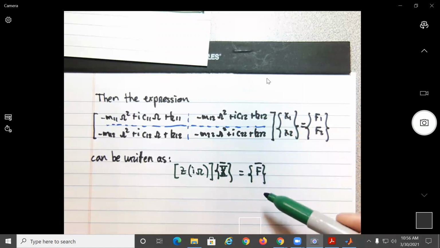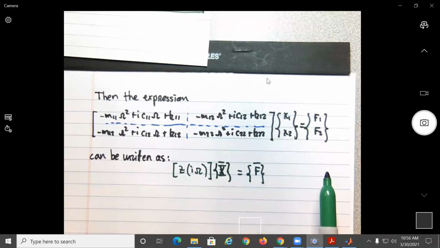So these two expressions are equivalent. It just helps a lot on the writing.